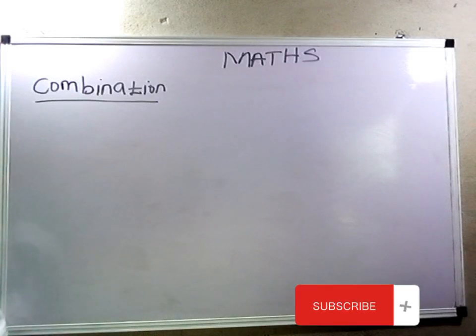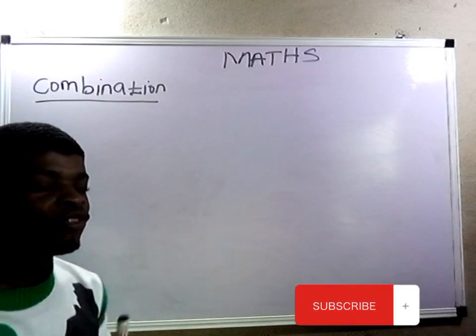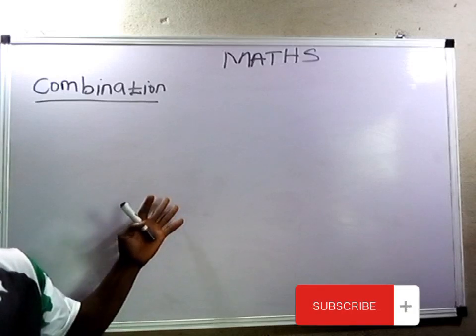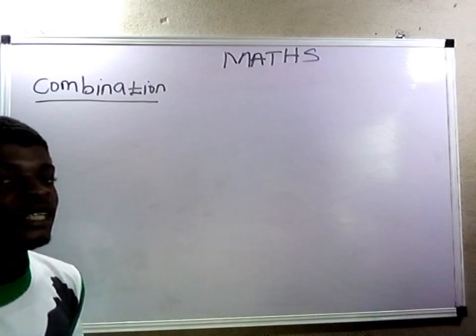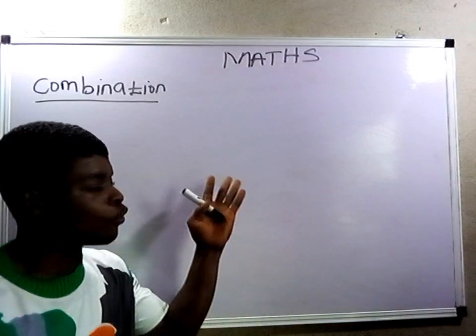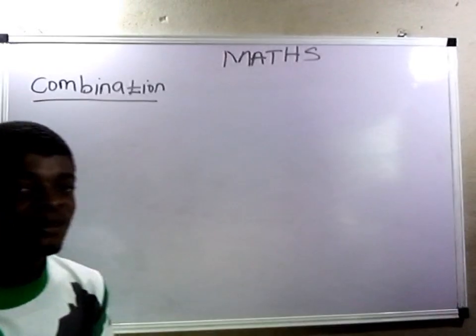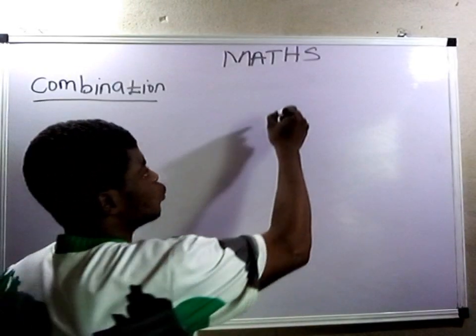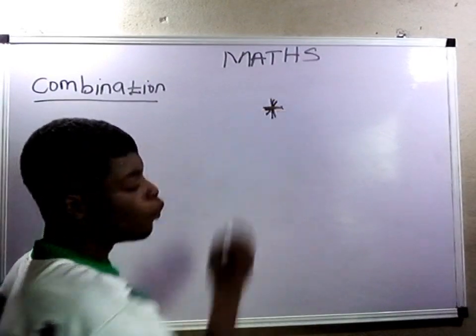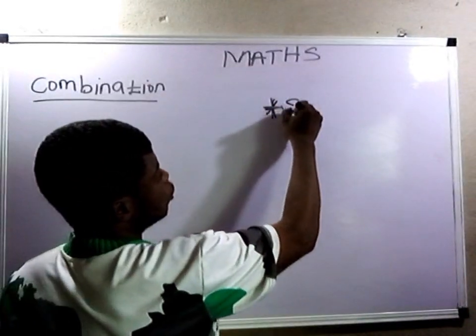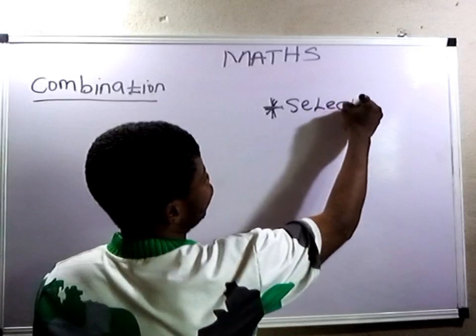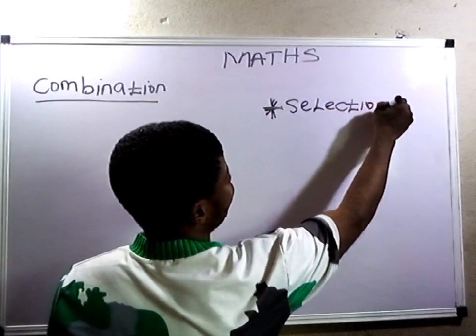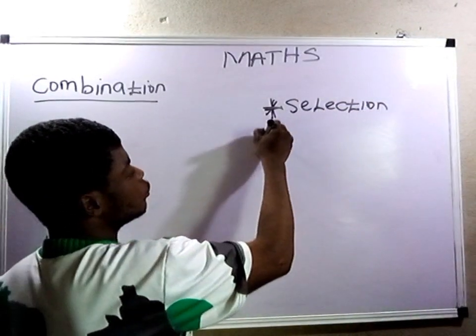So talking about combination, first of all, we talked about permutation in my previous video. Permutation means when you see the word arrange, but in the case of combination, it is quite different. When you hear combination, it means when you see the word selection or choosing.